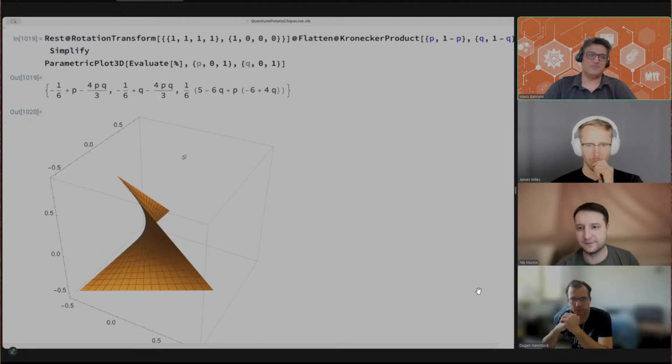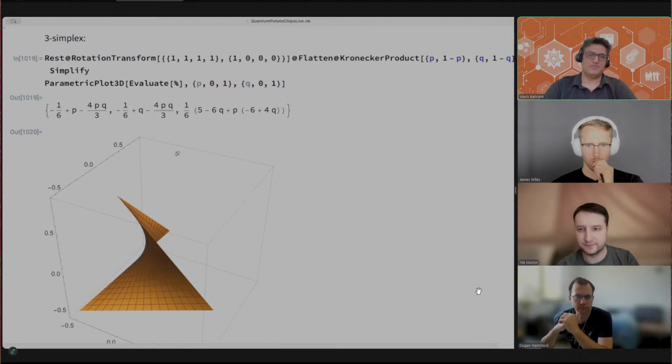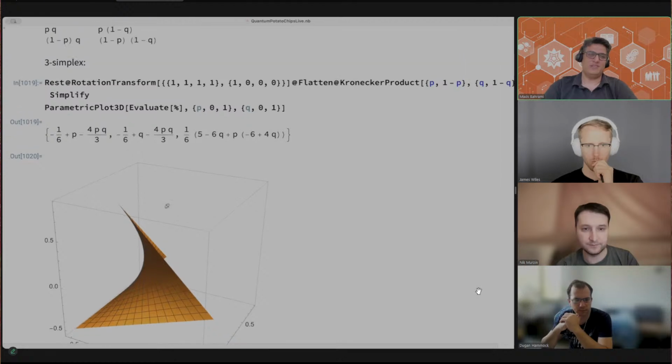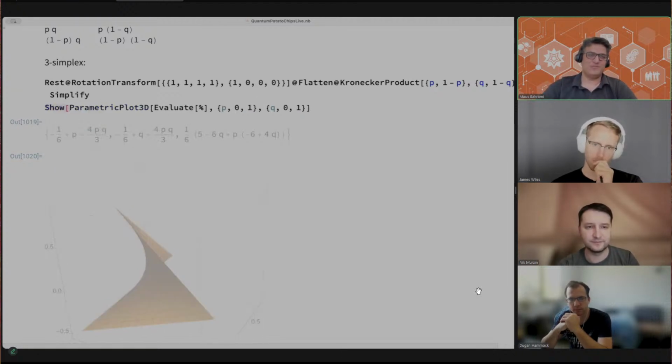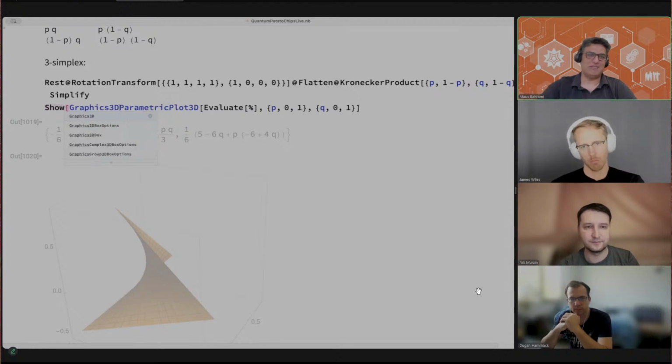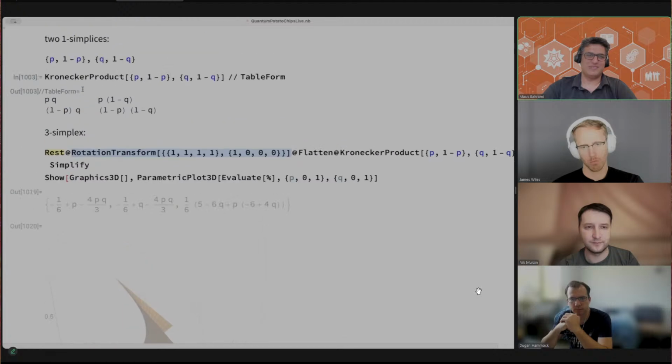Yes. Yeah. And as you see, I guess people can also see the simplex. In case, Nick, do you want to show what happens to the simplex after that rotation? It's interesting, but in case.